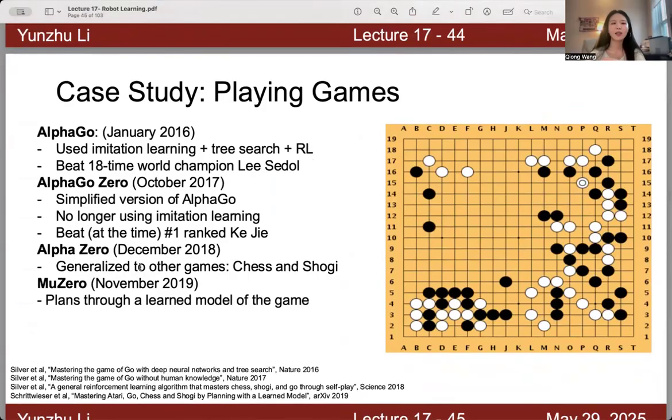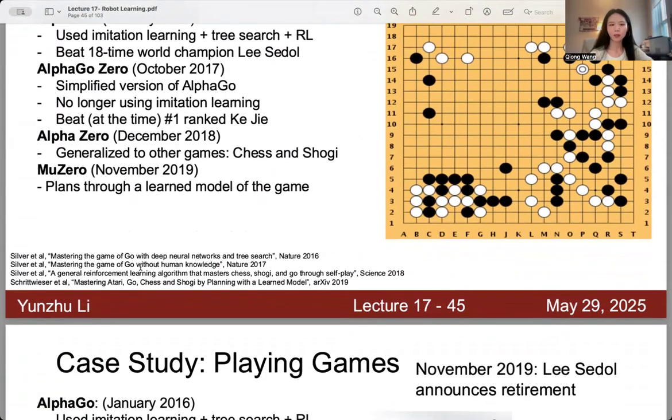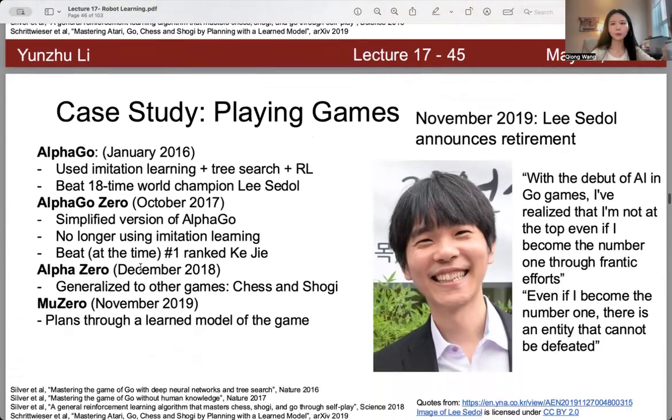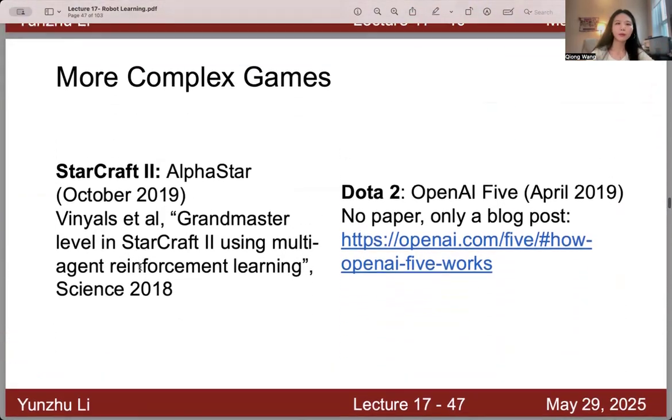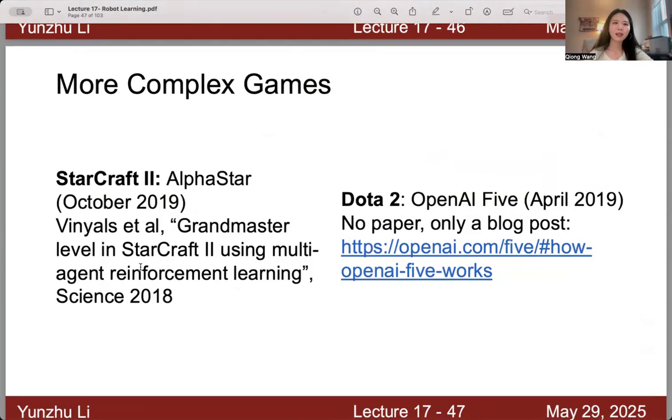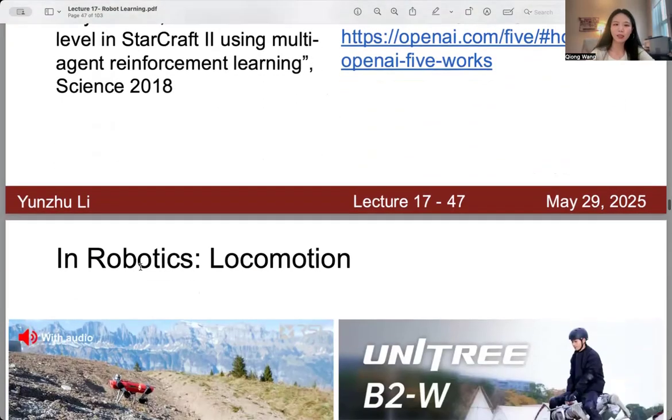And in 2019, MuZero came, and it can plan through learning models of the game. And there are more complex games such as StarCraft II and Dota 2.